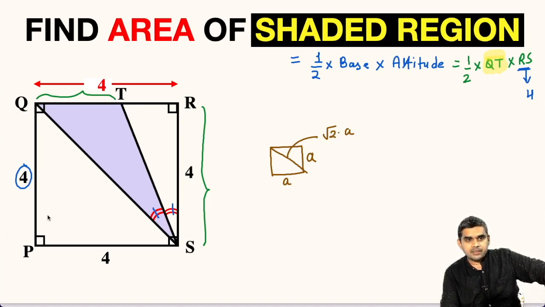Likewise, here PQRS is a square, QS is its diagonal, and each side is 4. So the length of this diagonal will be 4 root 2 units.